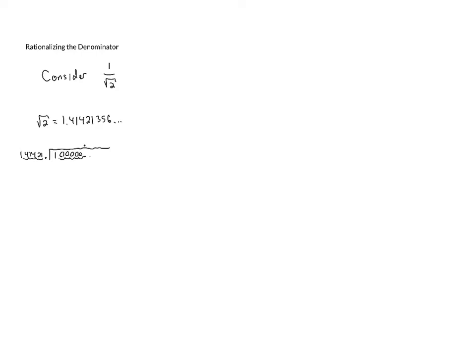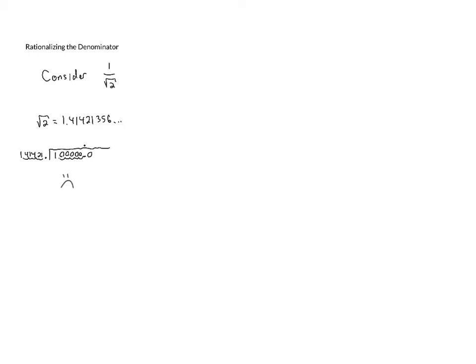And then we would have to put in an extra 0 and ask ourselves, how many times does 141,420 go into a million? And this ends up being an incredibly difficult problem to do by hand, because the denominator has so many digits, dividing by it ends up being a real pain, and we do not like this.